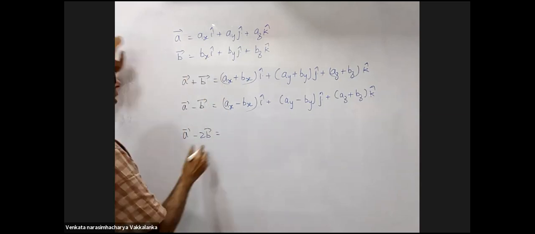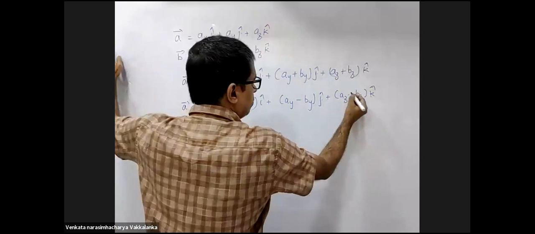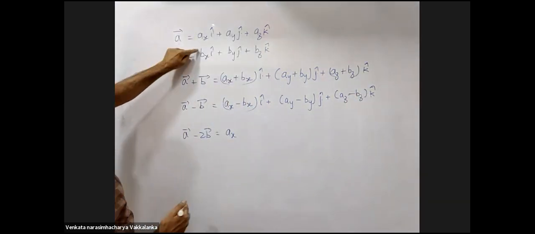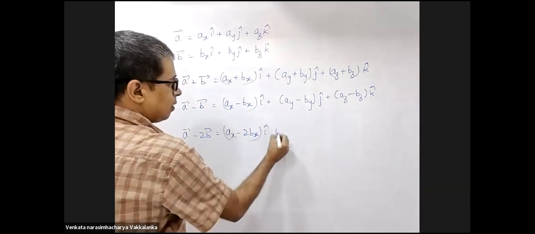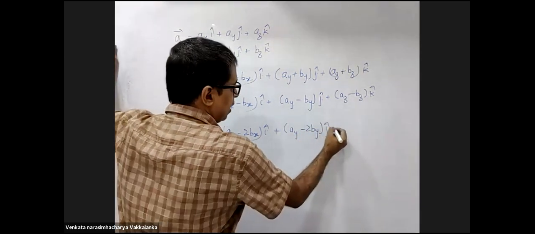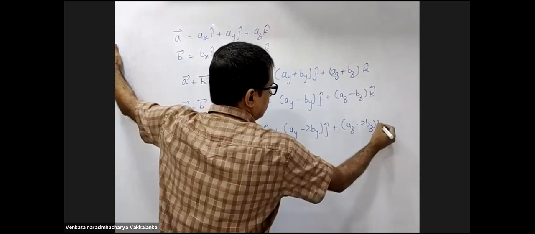Two you are multiplying with this. So A minus 2B is ax minus 2bx i cap, ay minus 2by j cap, az minus 2bz k cap.